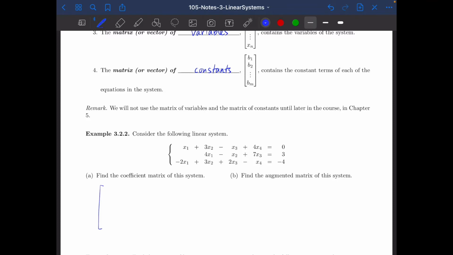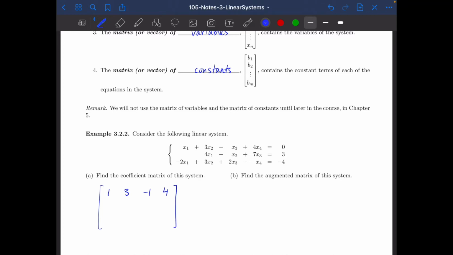In the first row of the coefficient matrix, we have the coefficients of the variables in the first equation of the system. The first equation of the system is x1 plus 3x2 minus x3 plus 4x4 equals 0. The coefficients of the variables are 1, 3, minus 1, and 4. That's the first row of the coefficient matrix.